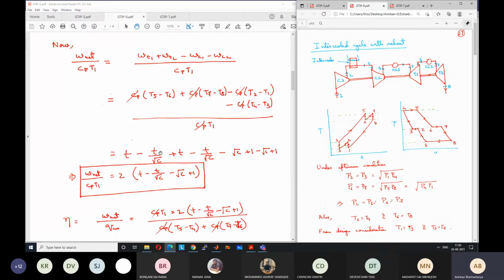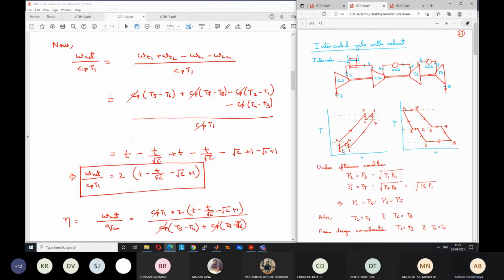So T5 by T1 is T, and T6 by T5 is 1 by root C. We have already seen that. It's very simple. Similarly, you can do all the other calculations. Plus T minus T by root C minus root C plus 1 minus root C plus 1. So it is a very simple calculation. Remember that T2 by T1 is root C and T4 by T3 is also root C.